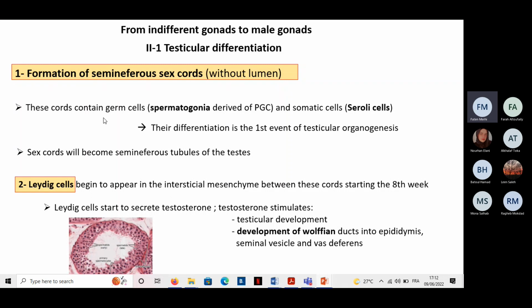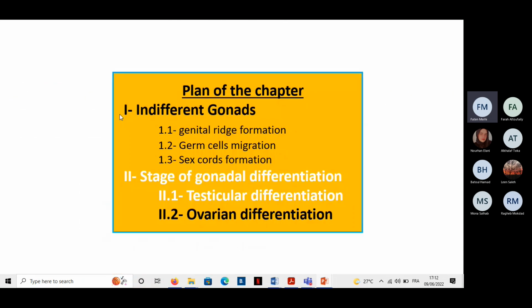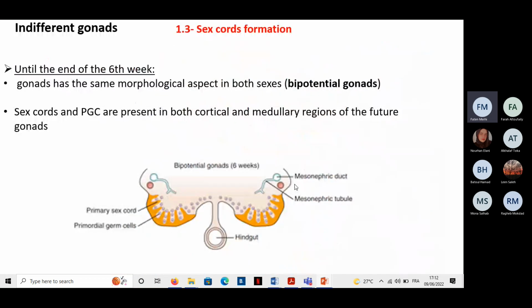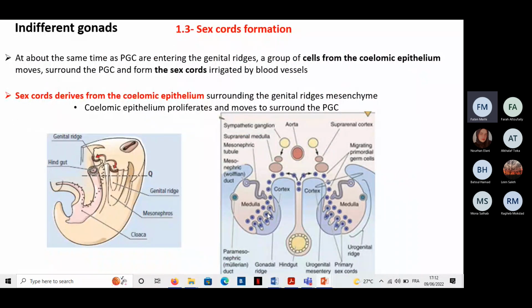We talked about the sex cords. We said that the sex cords surround the primordial germ cells, as you remember. When they are formed, they will surround the primordial germ cells.